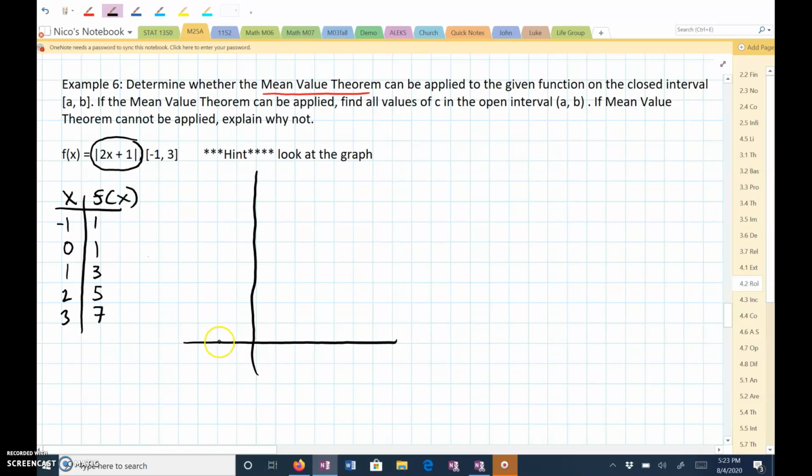So let's see here. 1, 2, 1, 2, 3. 1, 2, 3, 4, 5, 6, 7.